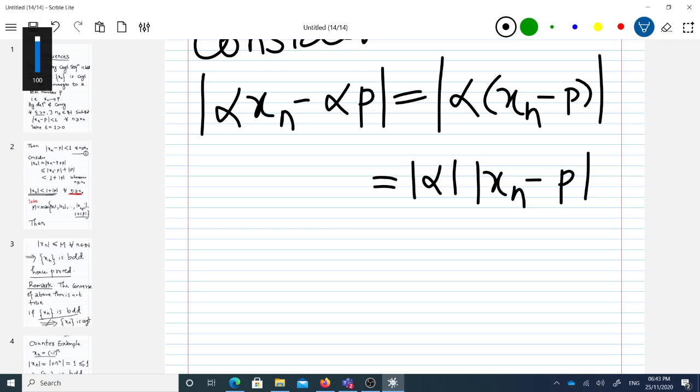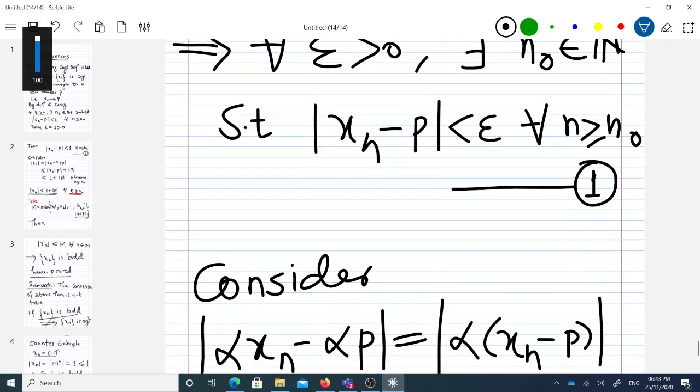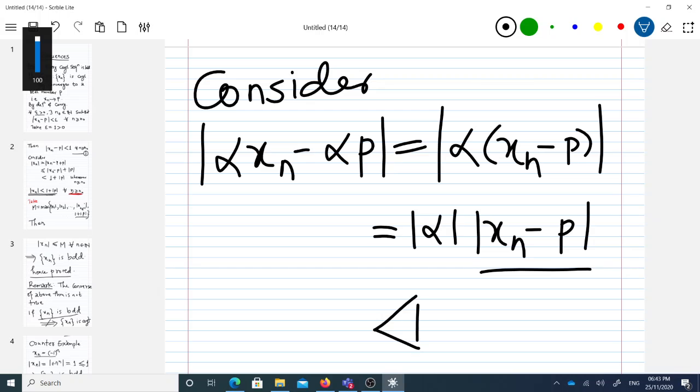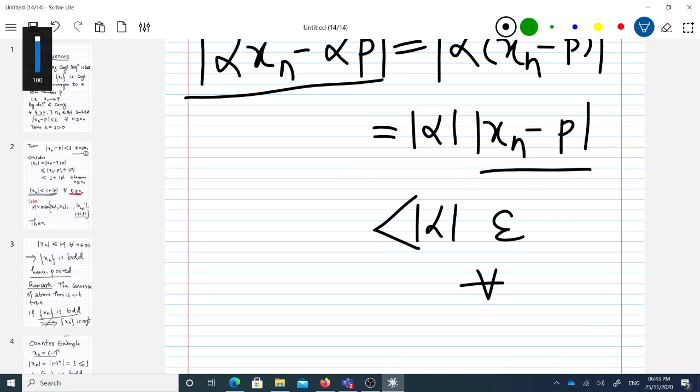But xn minus p is less than epsilon, so what I get is mod alpha times epsilon. Now you can see that modulus of alpha xn minus alpha p is less than mod alpha times epsilon for all n greater than or equal to n naught. That should be noted.